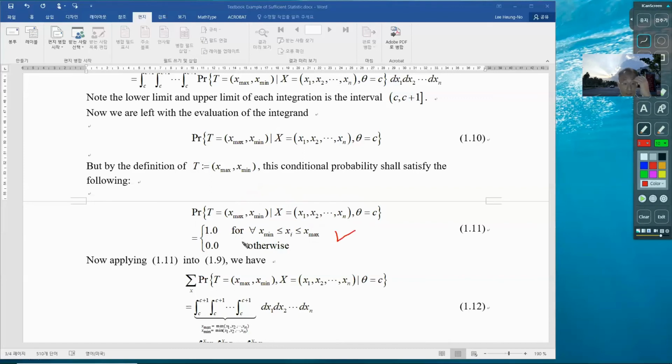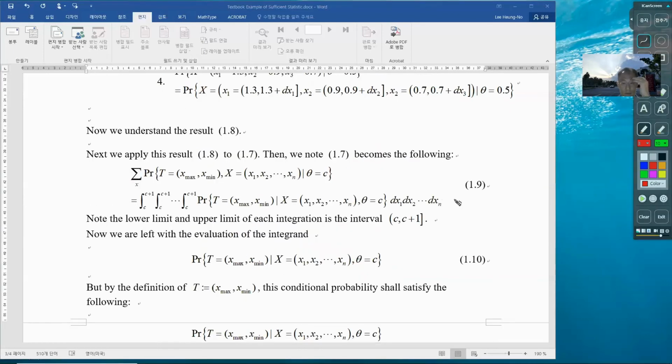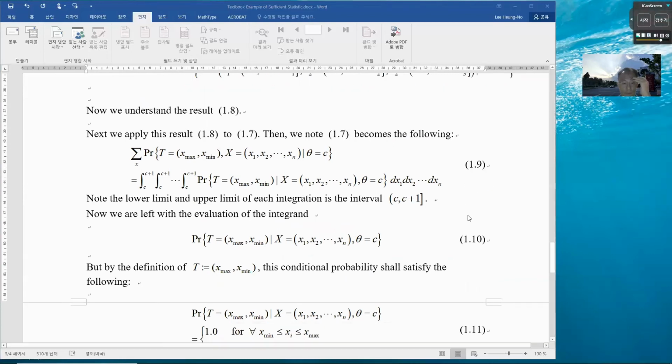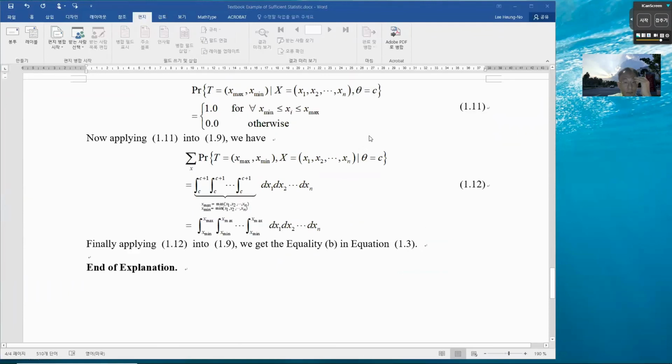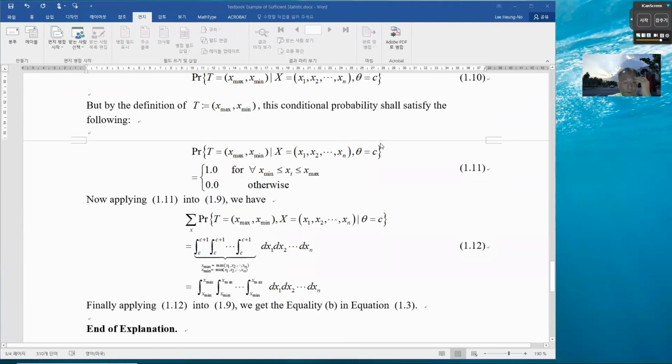Now applying this result into the result that we have, right here. So you apply that right here. We obtain this result.